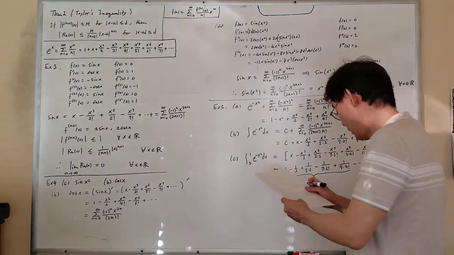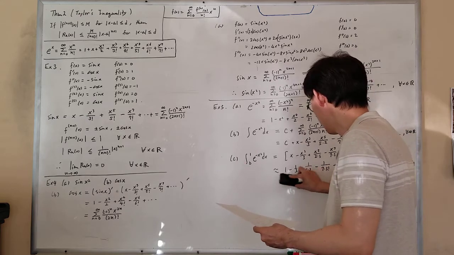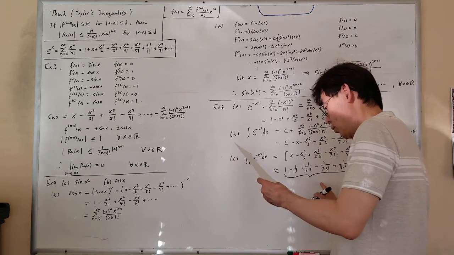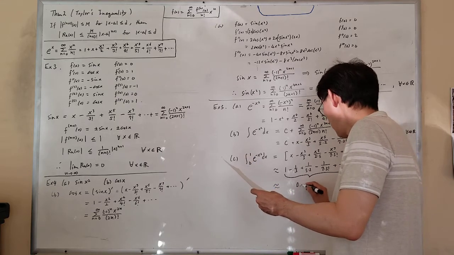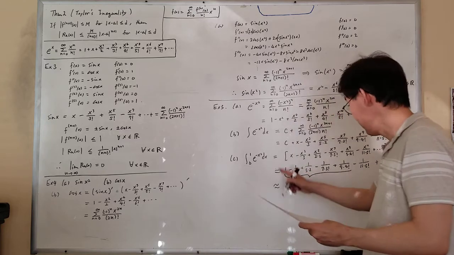If you calculate this, the integral is approximated by this value, which is 0.7475. If you keep going, you get the exact value.